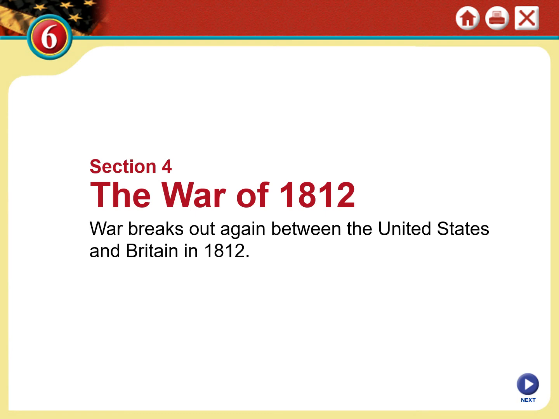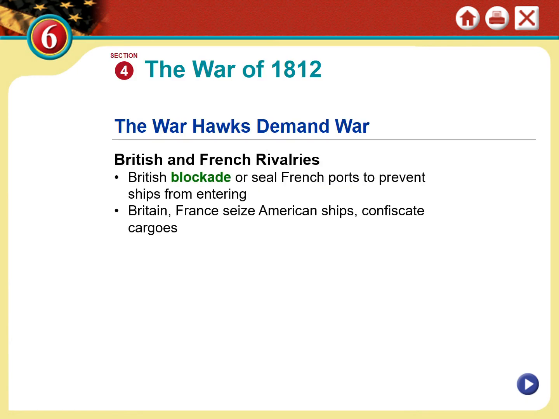But it's not all bad, though technically this war was a stalemate and we didn't decisively win. Some people call this our second war for independence because the British did essentially leave us alone after this because they had bigger problems, but we'll get into that. Now, first off, why were we even talking about war with Britain?